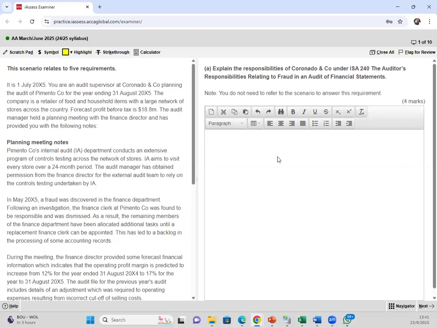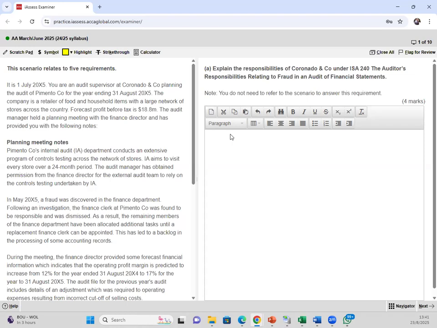What then is the responsibility of the auditor? The auditor has the responsibility of making sure they have gathered enough evidence.